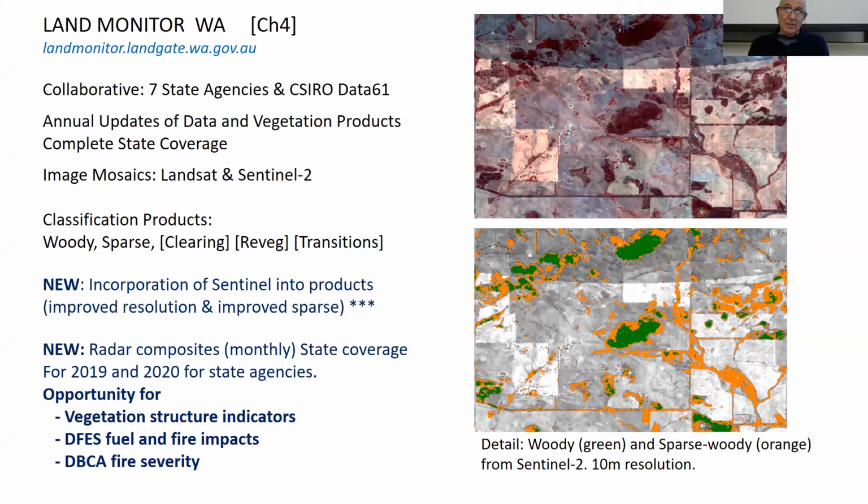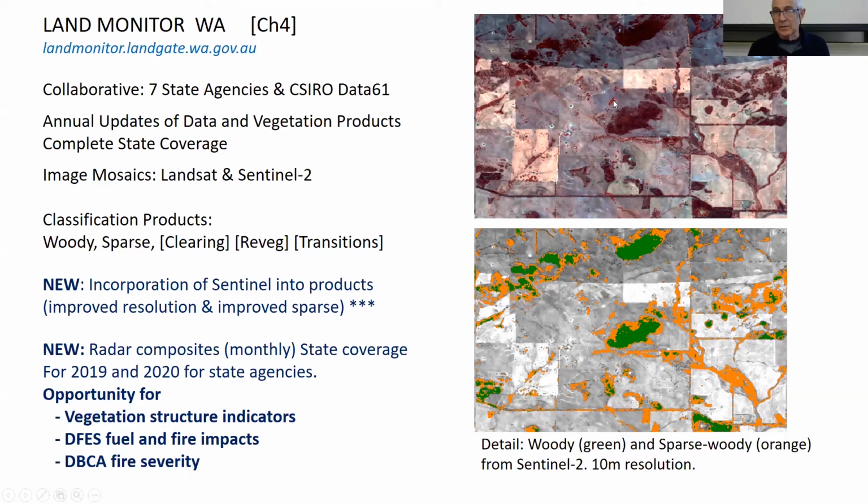This data provides an opportunity to look at vegetation structure. The Department of Fire and Emergency Services is quite excited to evaluate this data because it's looking at the lasting impacts of previous fires, the potential indicators of fuel load, and variability in different forest types. And DBCA is also actively looking at that data.